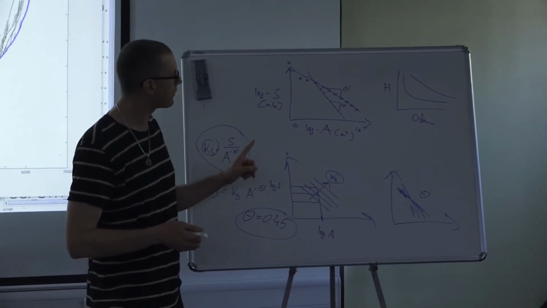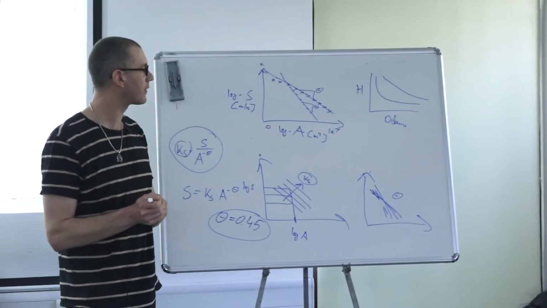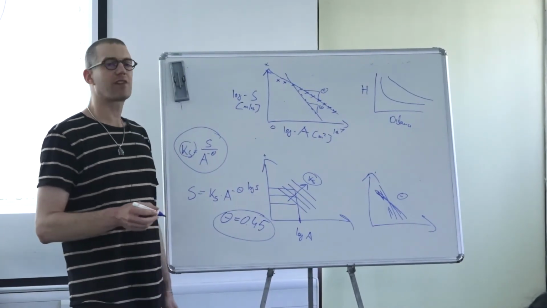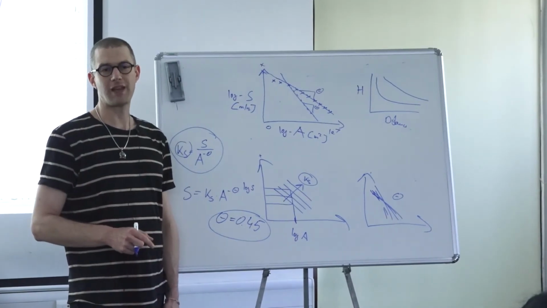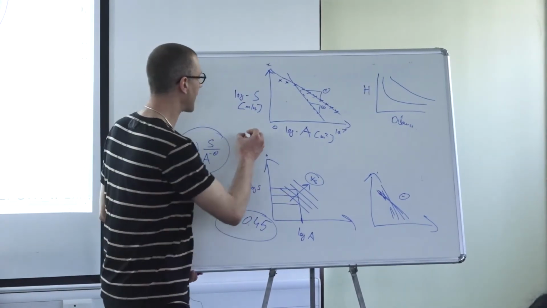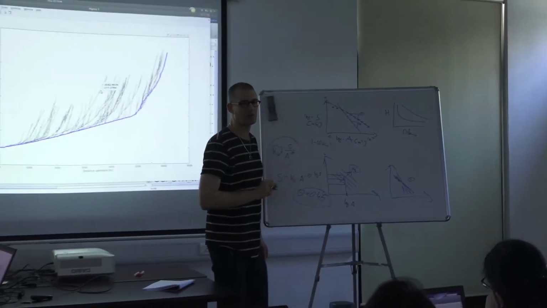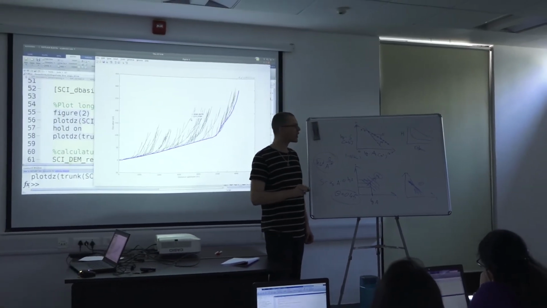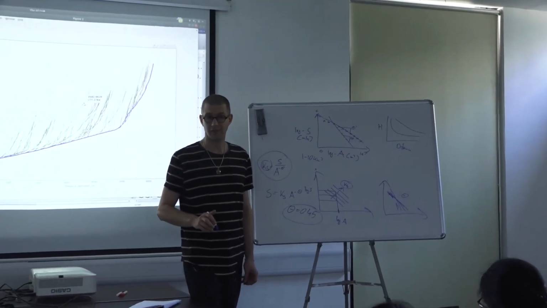The other important thing is, I don't know if you're familiar with power laws. You need several orders of magnitude. This only is true for several orders of magnitude, meaning that when you're looking at catchments from 1 to 10 square kilometers, this is not going to work. Usually, you want to have, ideally, 3 orders of magnitude on the x-axis.